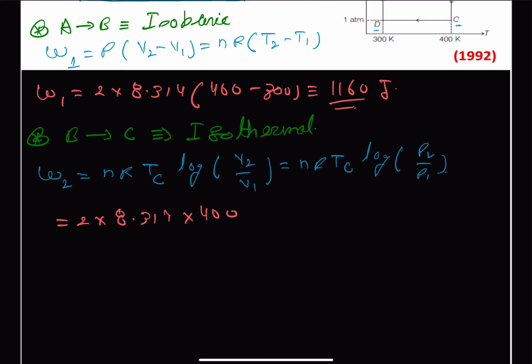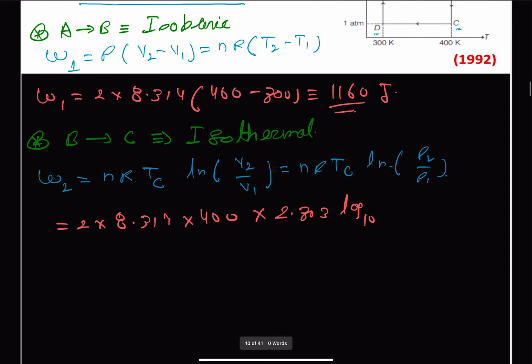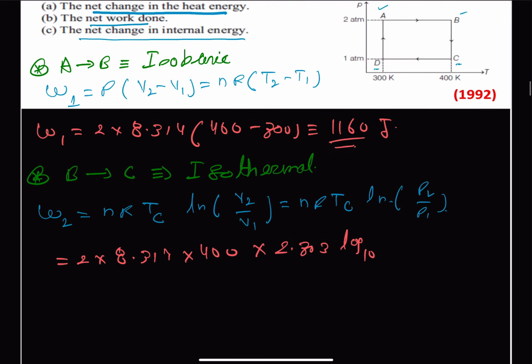and we get, this is basically natural log. Let me correct myself. This is a natural log, and this is also a natural log, and we multiply it by 2.303, so this comes as log to the base 10, and this ratio is our 2, because P2 is our 2 P1.